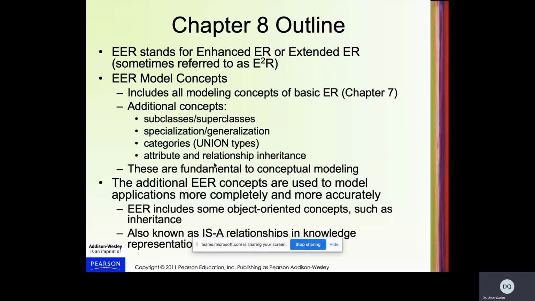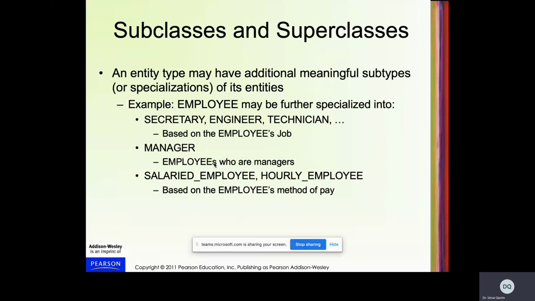In this, as you will study, there are some object-oriented concepts which you have already studied in object-oriented analysis and design. And also we looked at some of these things in software engineering under UML. So let's see what these concepts are.